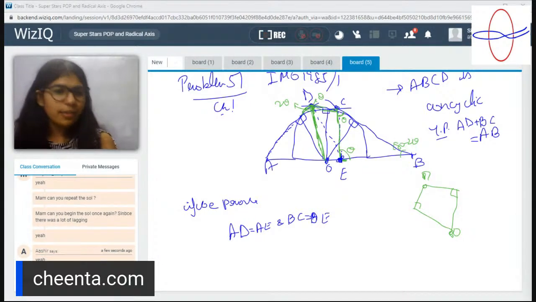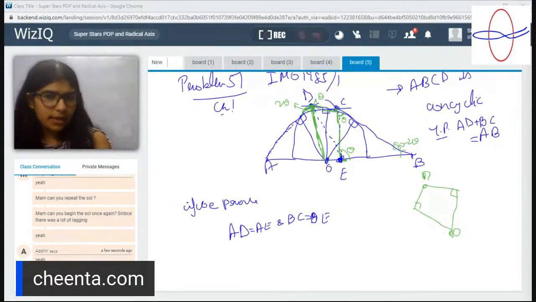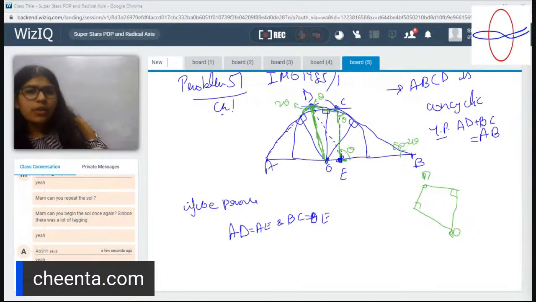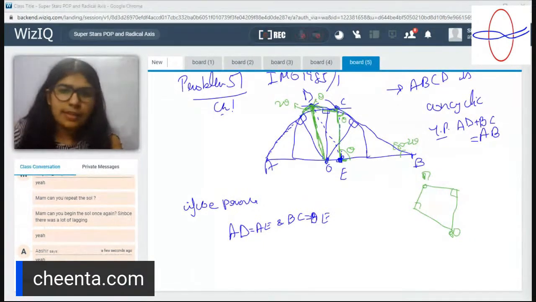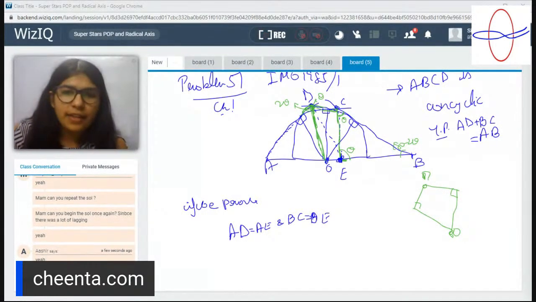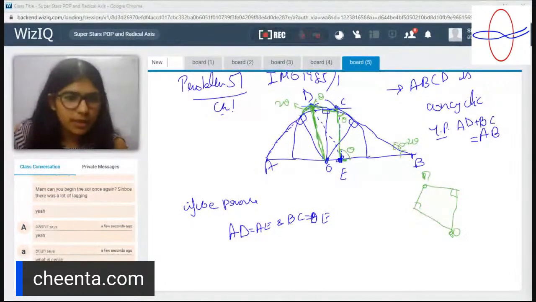This is not the proof, it will just help me to know what point E will be, and then we prove it directly. So you have AE equals ED and EC equals EB. If EC equals EB, you assume that angle ECB is theta, and then CEB is also theta because BC equals BE.